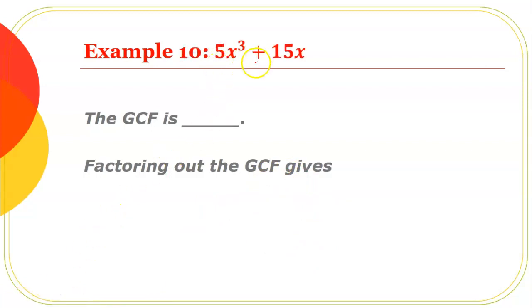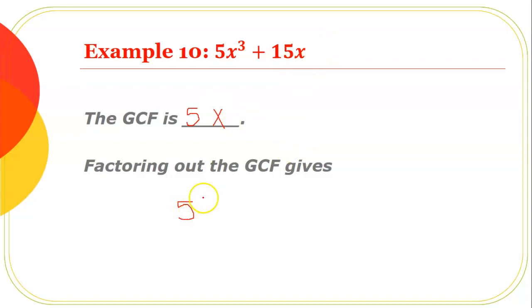Then we have 5x cubed plus 15x. Now my GCF is a combination of numbers and variables. Both 5 and 15 divide by 5. This has 3 x's and this has 1 x, so you can take out an x.